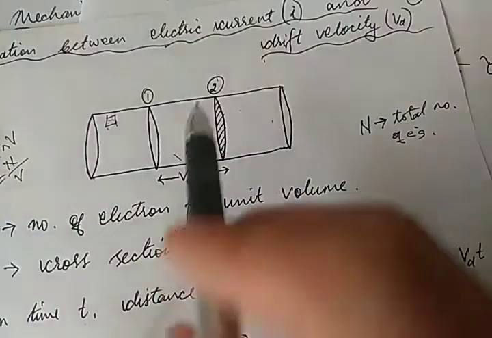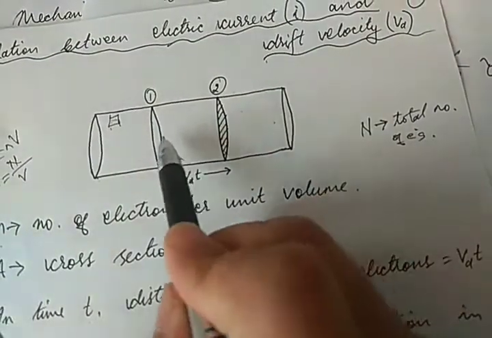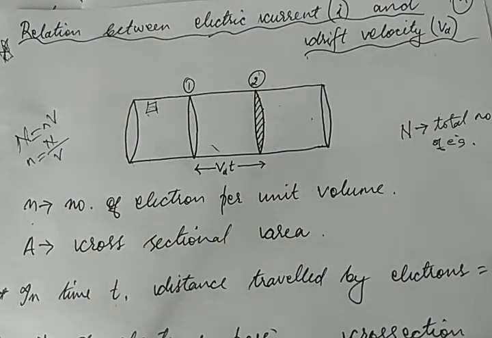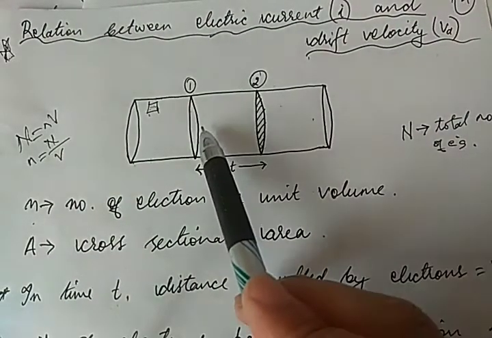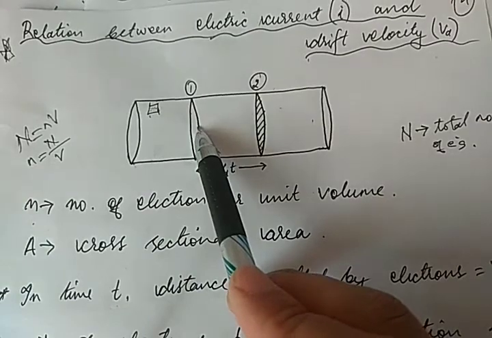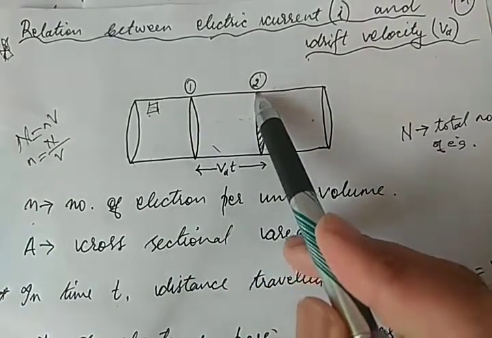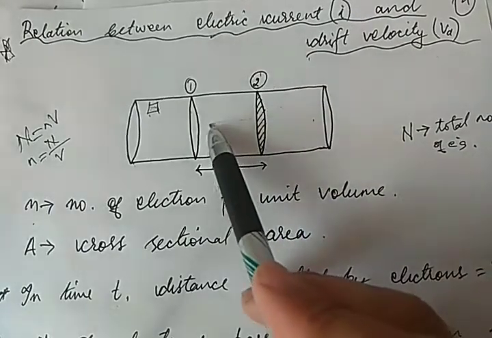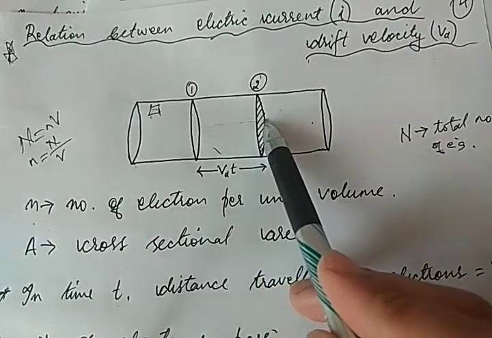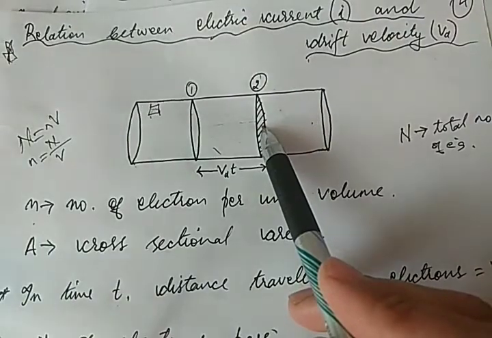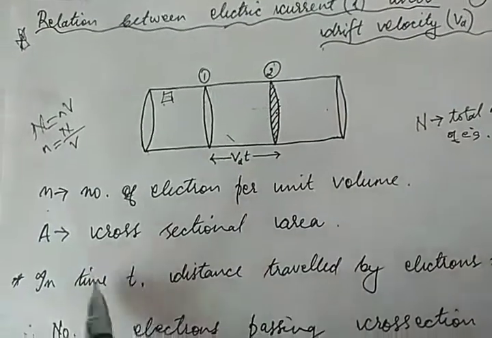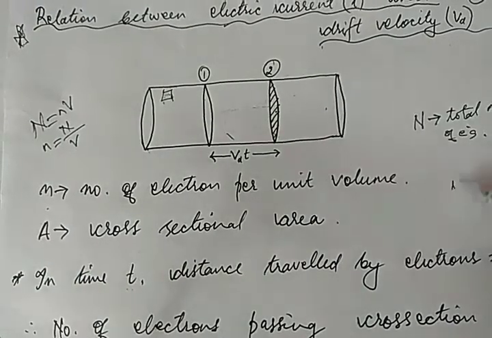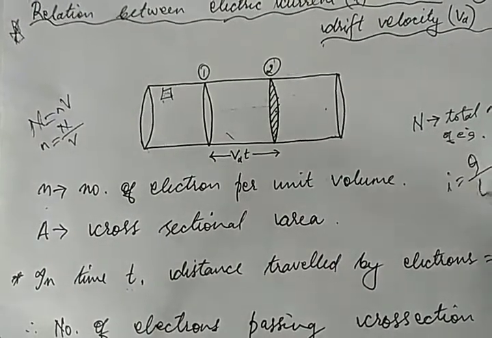Since current is the rate of flow of charge, if we can find the total charge flowing through a cross section, let us look at cross section 2, in time t, then we can find the current, because current is basically charge divided by time.